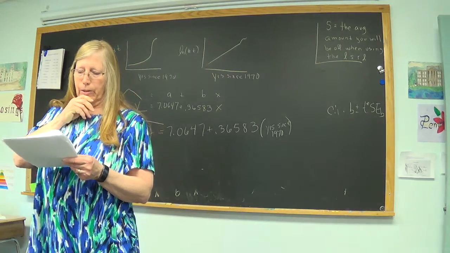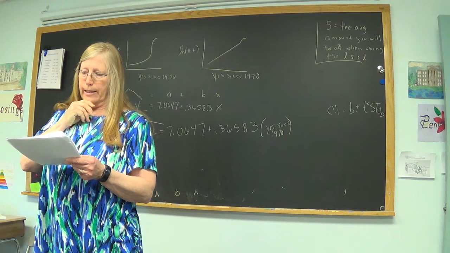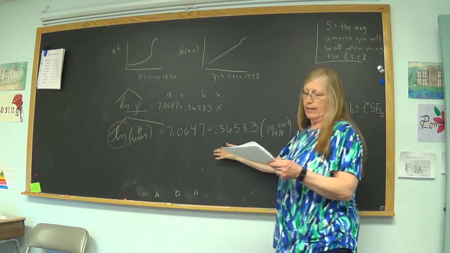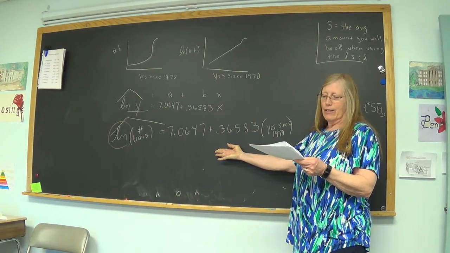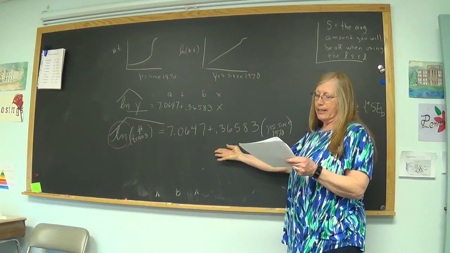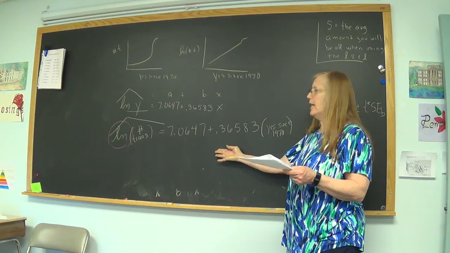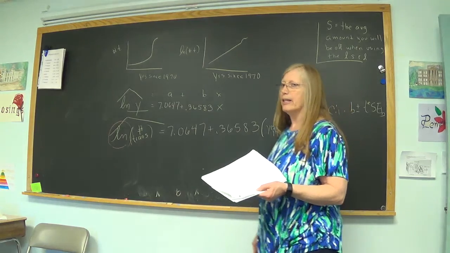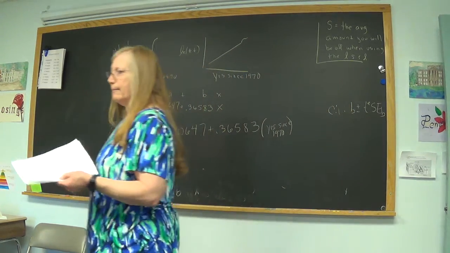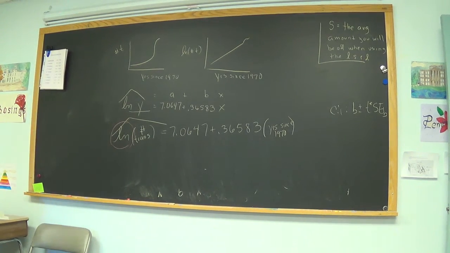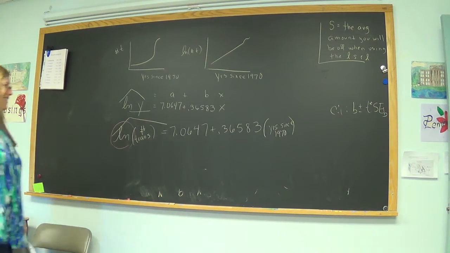Part C: use the model from part B to predict the number of transistors on the chip in 2020. So here's the model from part B. Pick up your pencil and see if you can do that. Work quietly. Read C and do it.